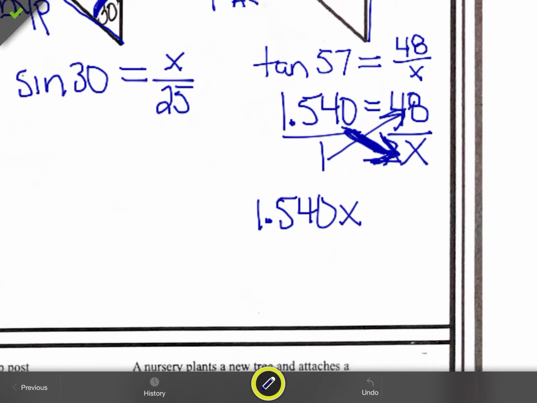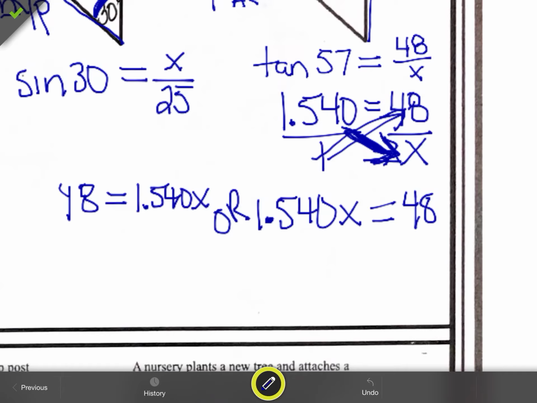Equals 1 times 48. Now, could you have done 1 times 48 first? Sure. Then yours would have been 48 equals, then you would have done 1.540 times x, and you would have written it like this. It's the same problem. It's just a lot of you like the variable on the left. Okay, both of these will give you the same answer. Now I want to get x by itself.